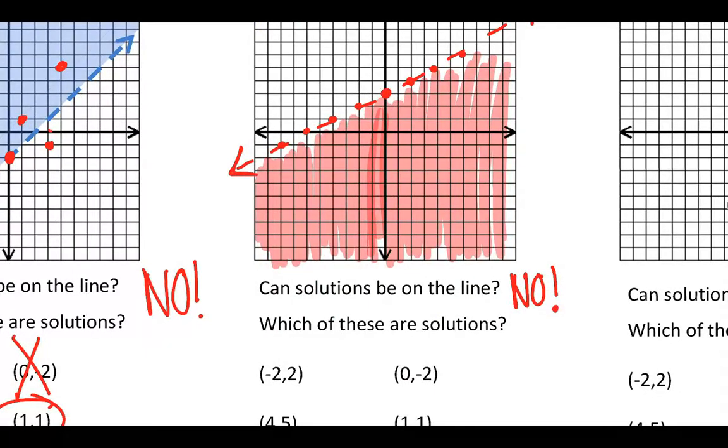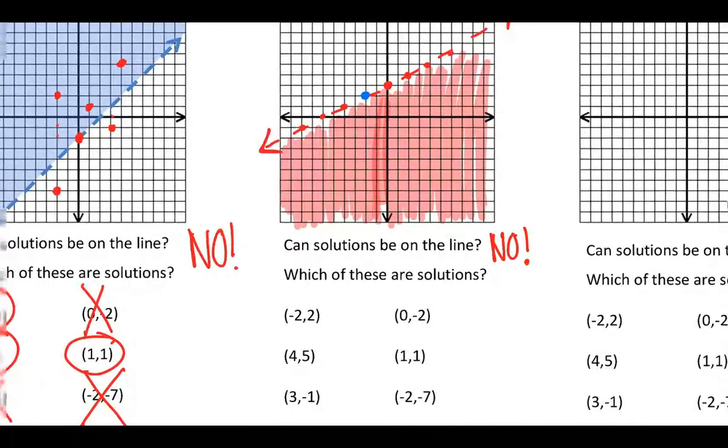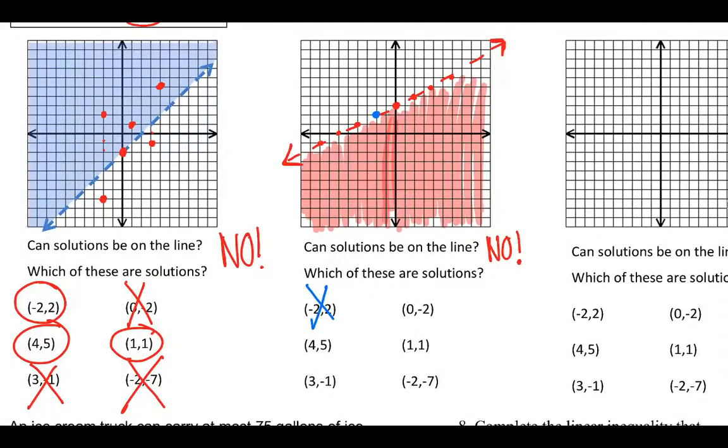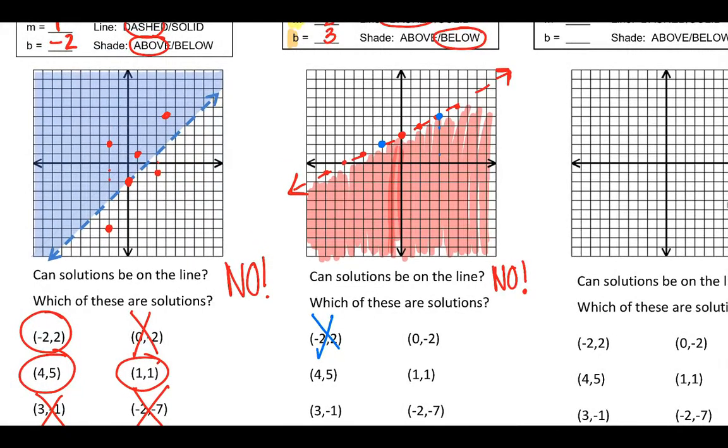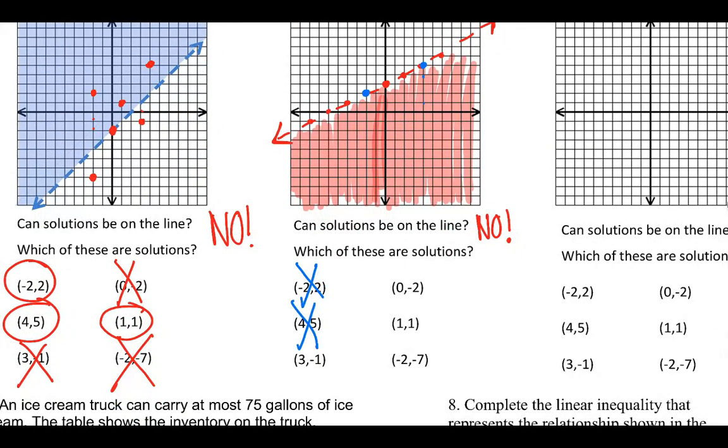So let's plot these and see which ones we think are solutions. So -2, up 2. That is on the line, and we said we can't have it on the line, so that's no. Over 4, up 5. Again, that is on the line. So that one is a no-go. 3, -1.